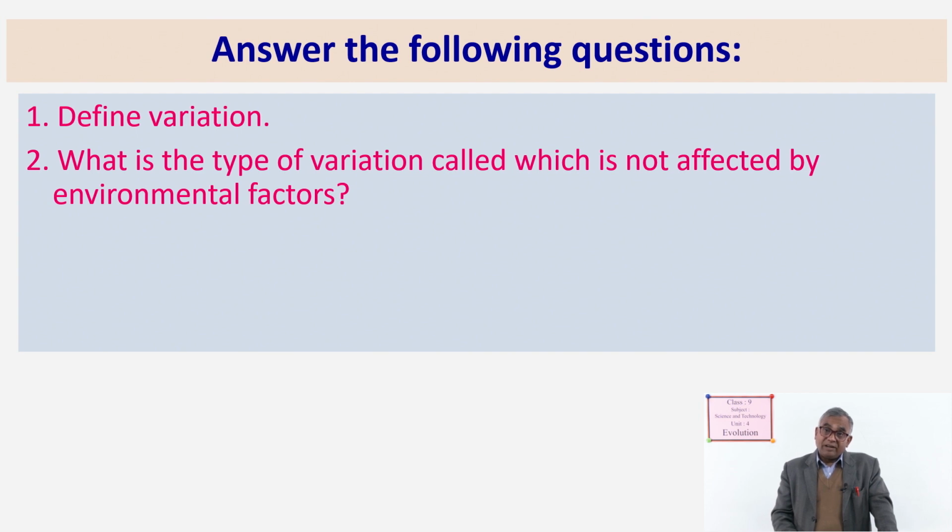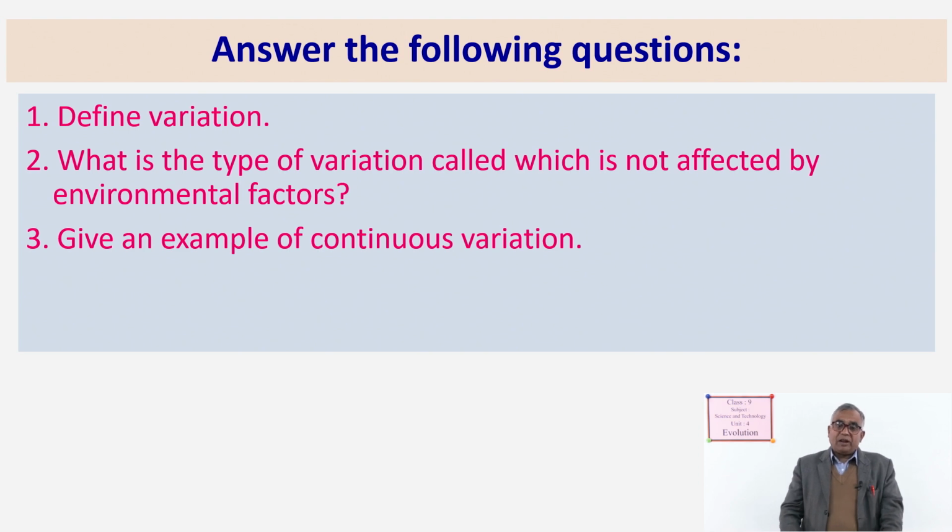You can answer that it is genetic, but genetic variation is also affected slightly. The main thing is what? Discontinuous. So you may be confused between genetic, which is caused by genes, and discontinuous. So the best answer is discontinuous variation, which is not affected by environmental factors.